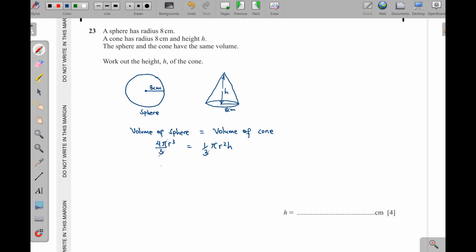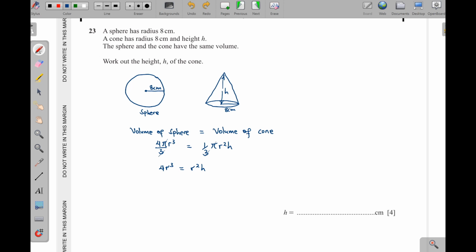So meaning we have 4r cubed, which is equal to r squared h. And by the way, these two have the same radius. So that's why I've left this one to be r and then r. Otherwise, if the radii were different, then I would have put this one as small r and this one as capital R. You see that?